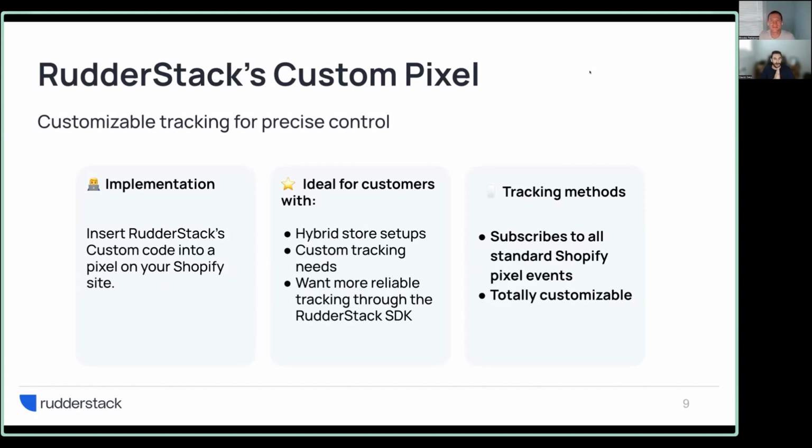This is great for our hybrid store customers. So customers, again, that are hosting their own pre-checkout experience. Maybe their pre-checkout website is completely hosted on their own, not through Shopify, and they're tracking conversion events. So you have your pre-checkout, your top of the funnel events are coming through, not hosted by Shopify.